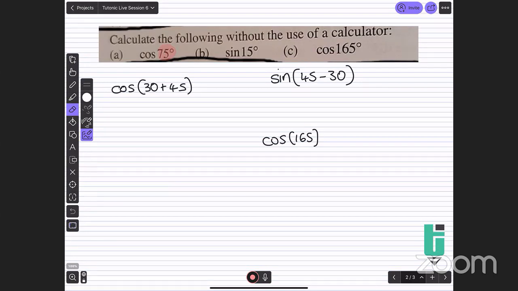Why don't you do reduction on this? 180 minus 15. Then if you apply your reduction rules, which quadrant is cos? Minus cos 15. Okay, you guys are automatic now. Okay, and what is cos of 15?